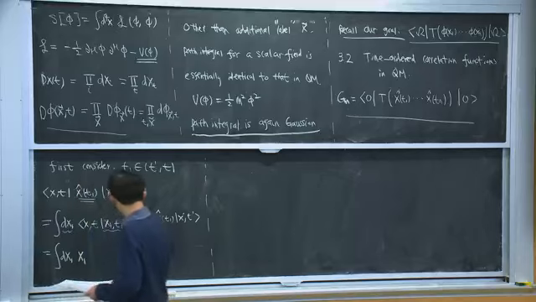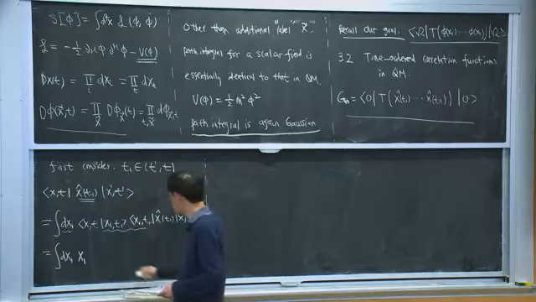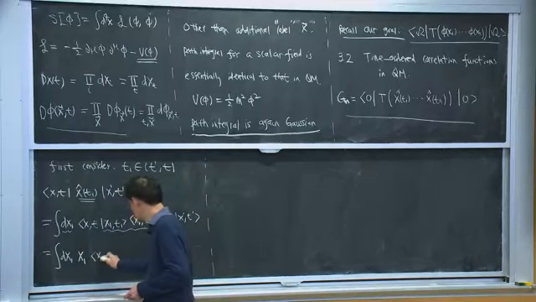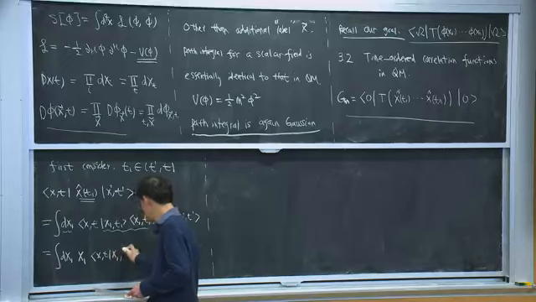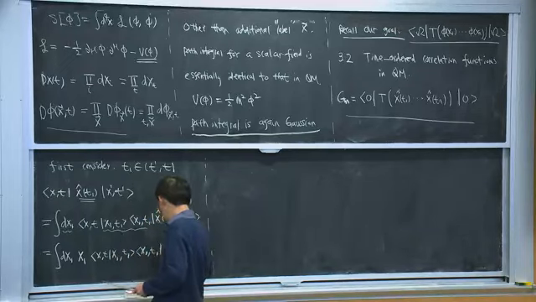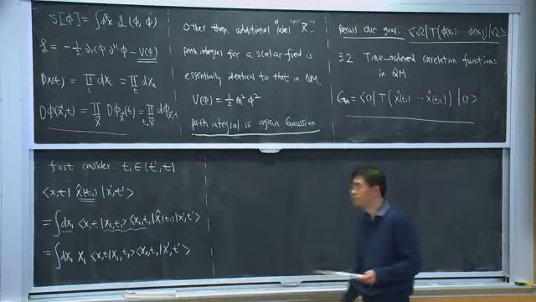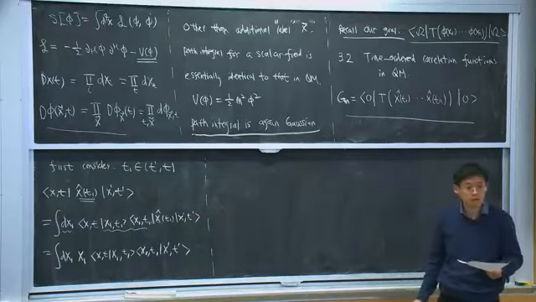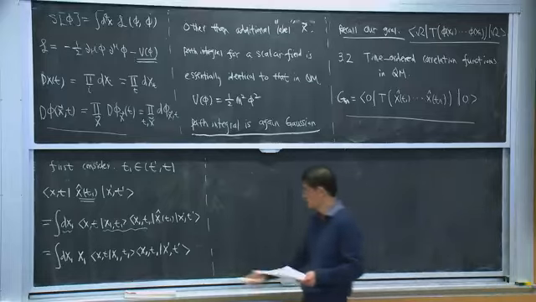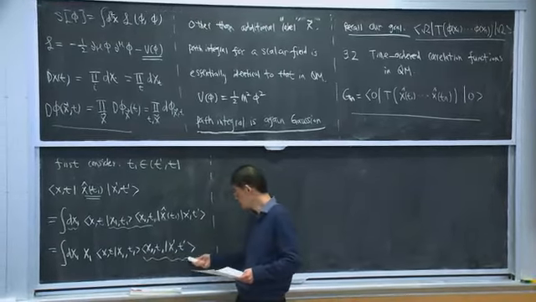So we get the eigenvalue, and then <x t | x1 t1> times <x1 t1 | x' t'>. Now we know how to do both of them.